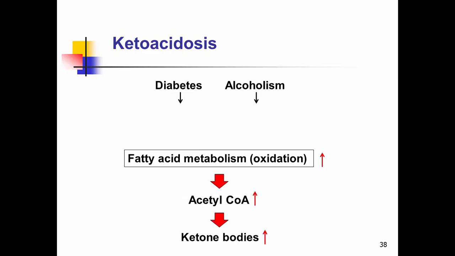So here is the general mechanism, or picture, of ketoacidosis. I just mentioned the diabetic conditions or alcoholism. In both conditions, you have a problem with glucose utilization. Alcoholism I already mentioned: alcohol metabolism can inhibit gluconeogenesis, so you have less glucose available for body use, particularly under fasting conditions.